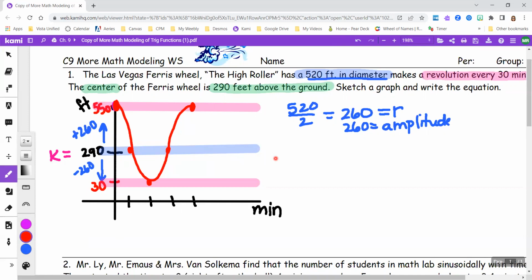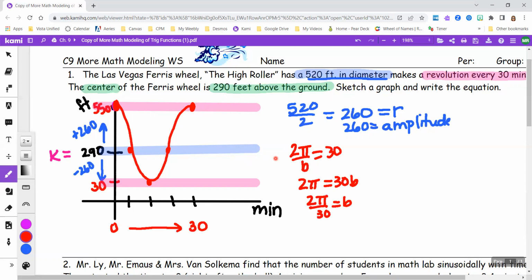So if I'm starting here at 0, I am going to be ending 30 minutes later. Now that means my period, 2 pi over b, is going to be equal to 30. So I multiply both sides by b. I'm going to get 2 pi is equal to 30b. 2 pi over 30 equals b. So that's going to be pi over 15.